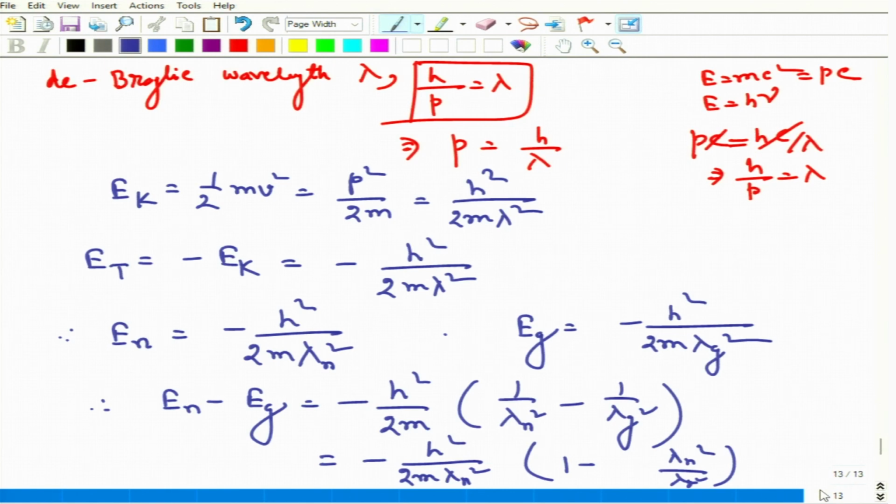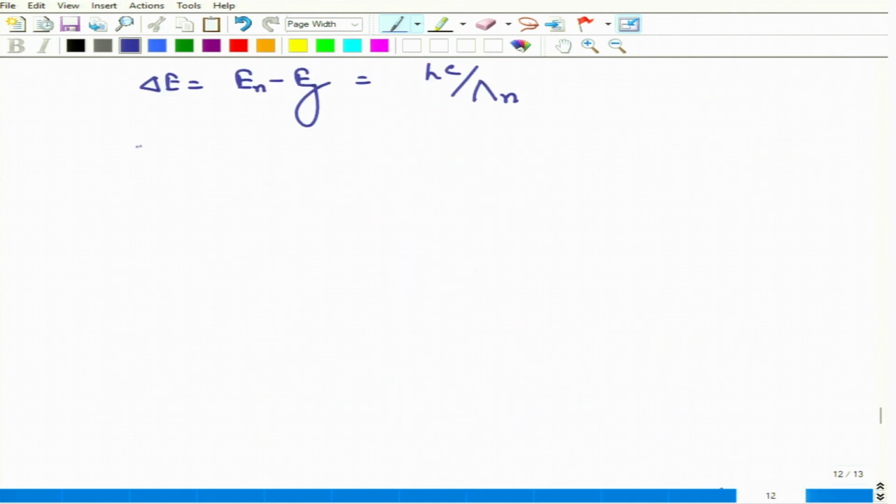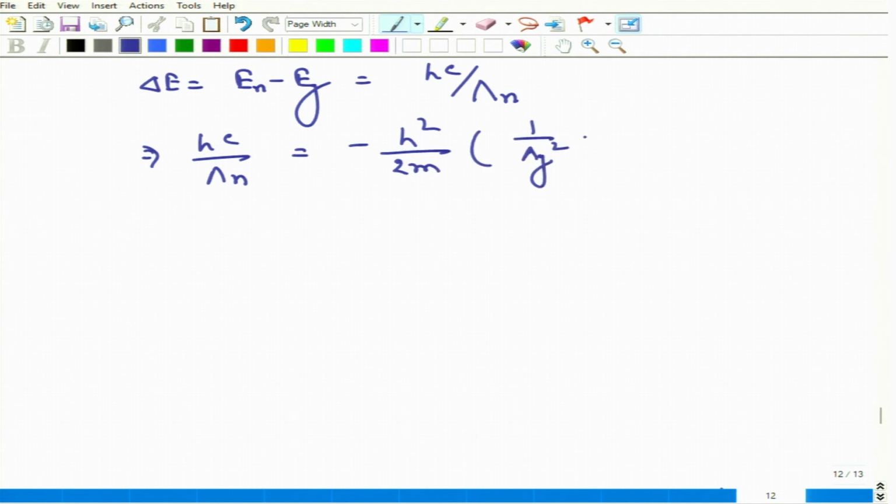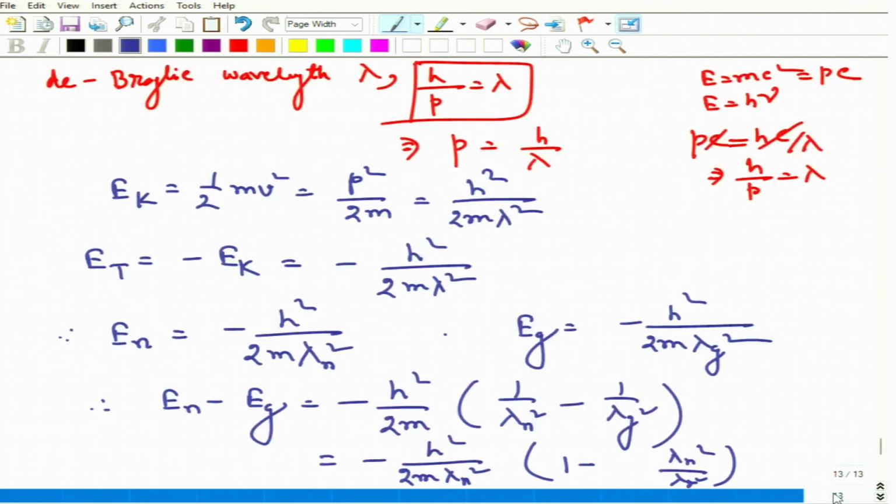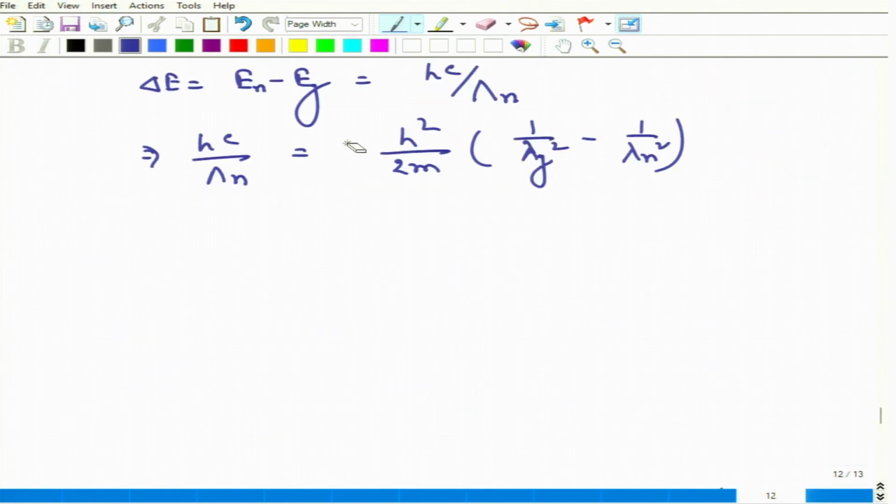Okay, let me write it, then we will see. So hc by lambda n is h square by 2m into 1 minus lambda g square minus 1 lambda n square. If you look, this formula we have just written again, so there will be no minus sign.